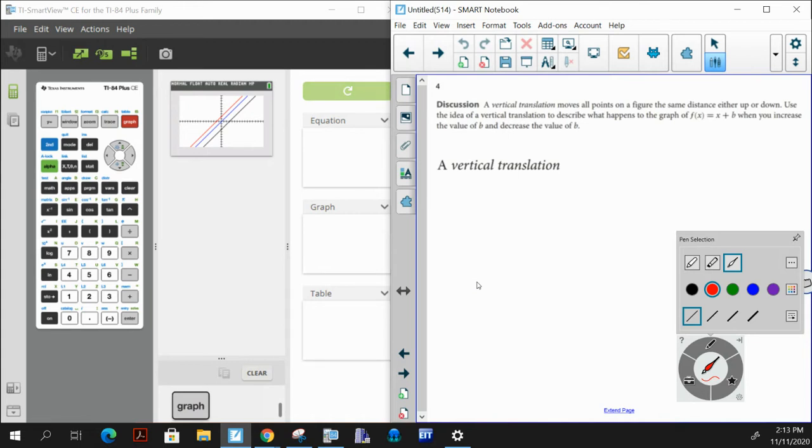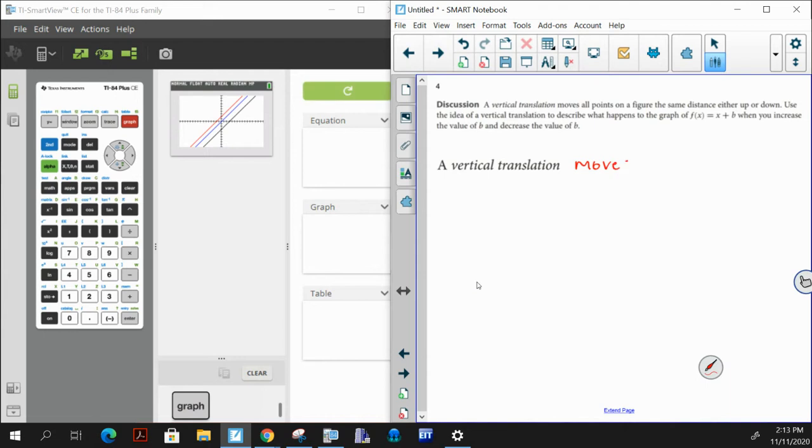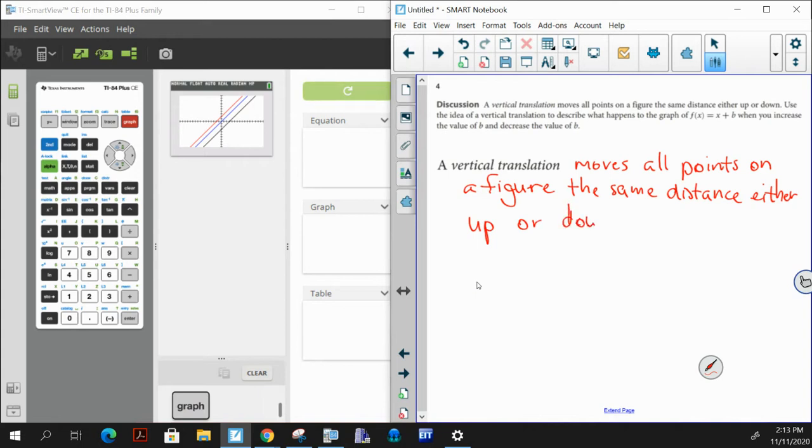Vertical translation moves all points on the figure the same distance either up or down.